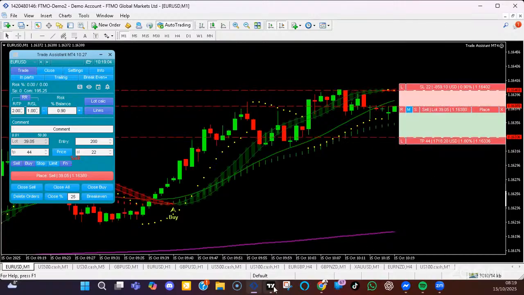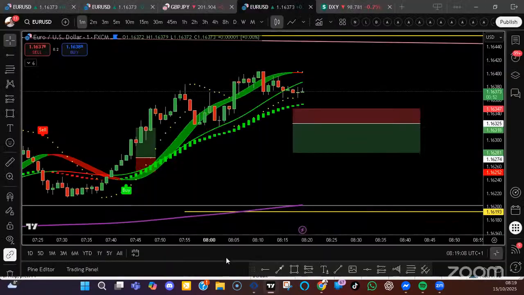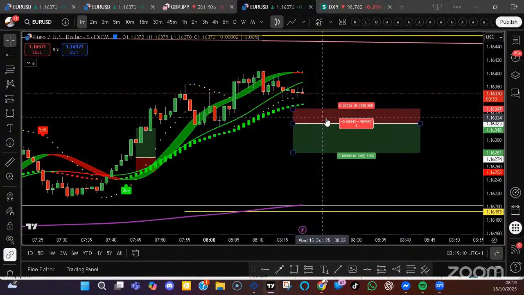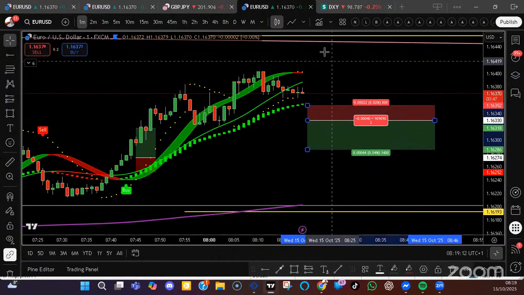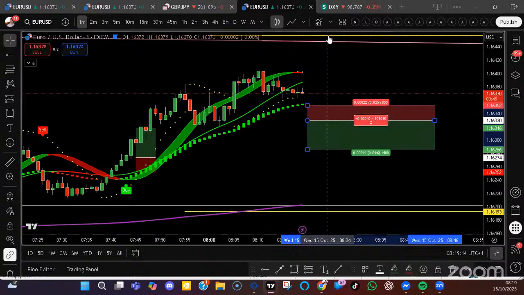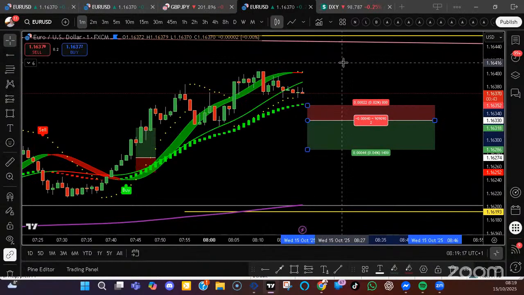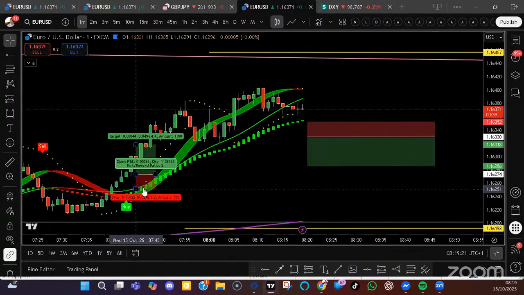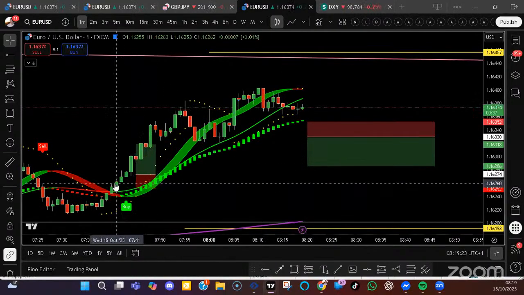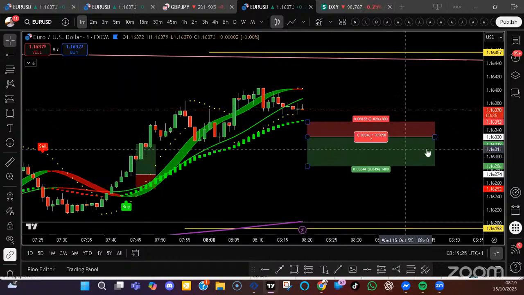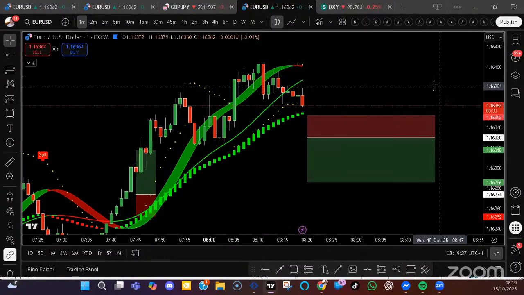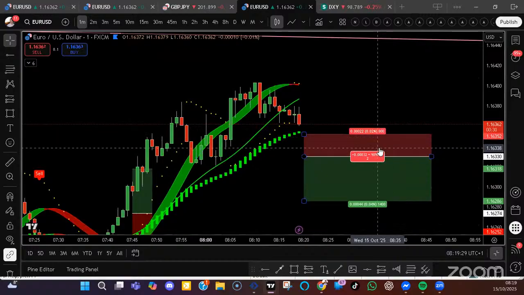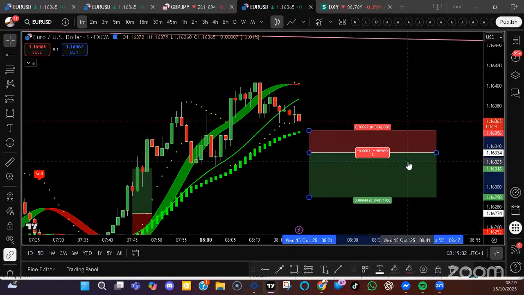We're not quite at the sell zone up there, and the trend line. But we have imbalances down here for price to come and redress those imbalances. So let's see what happens.